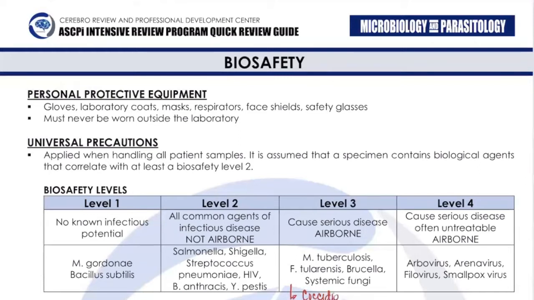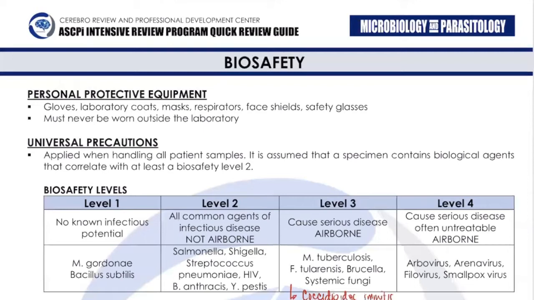Okay? Kasi si Coccidioides immitis, this is one of the fungal pathogens that are really presenting danger sa mga laboratory workers, considering that its mode of transmission is inhalation, so airborne siya, kasama niya actually si Histoplasma capsulatum.